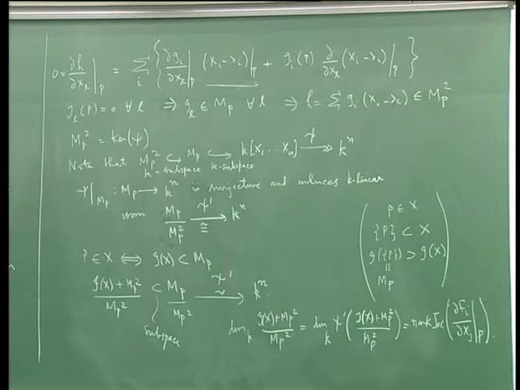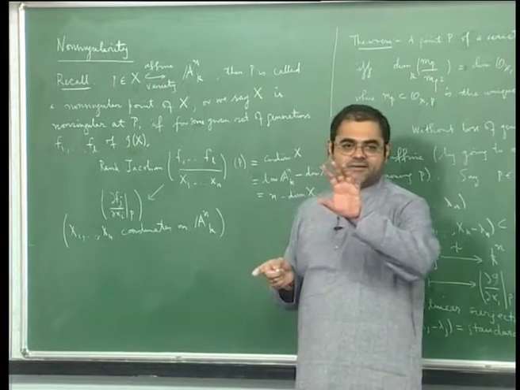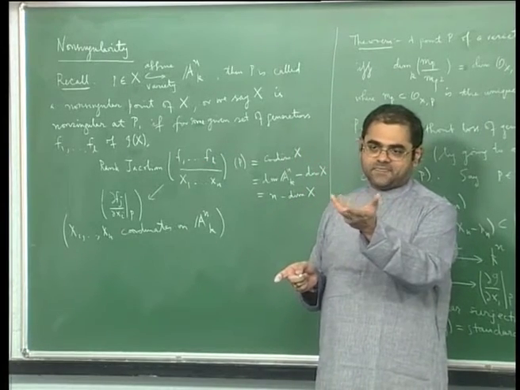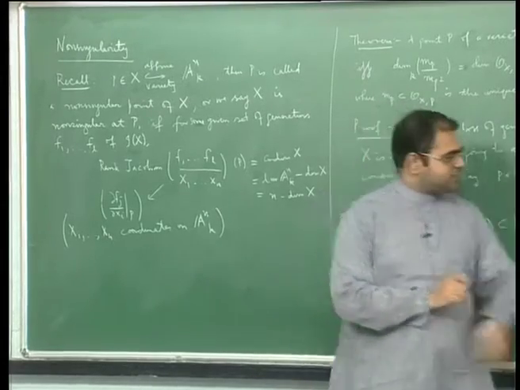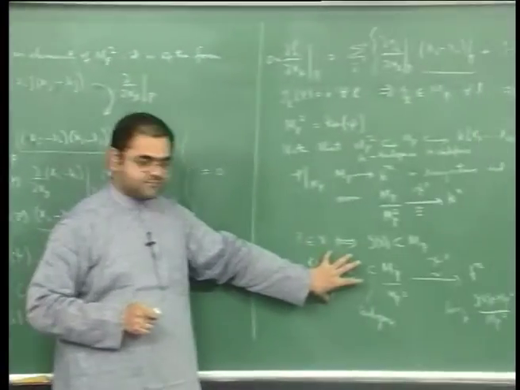and that is the reason why the rank of this Jacobian does not depend on what your generators are, okay. You are always going to get only the dimension of this subspace.